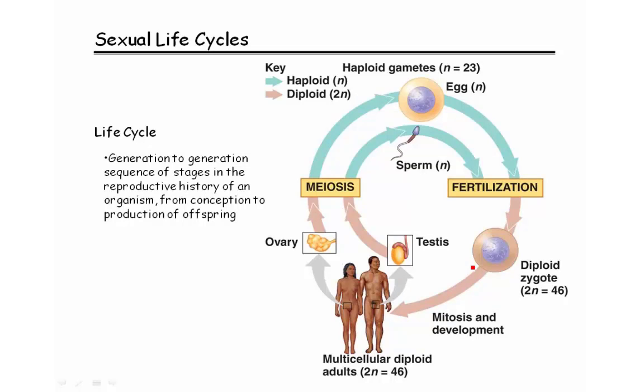It contains all of our DNA as came from our parents, from the egg and the sperm fusing together. That diploid zygote is going to divide by the process of mitosis and cytokinesis many, many times, and it's going to give rise to all of the other cells that make up our body.